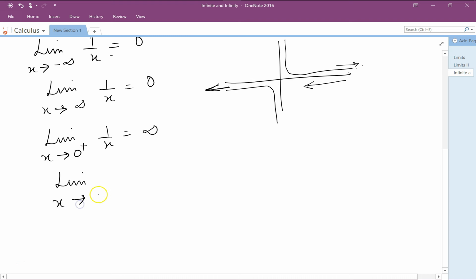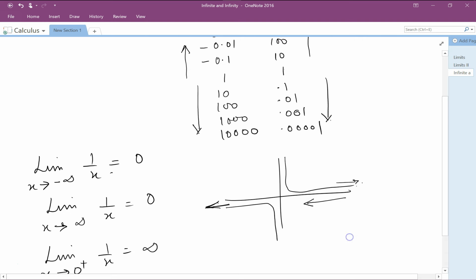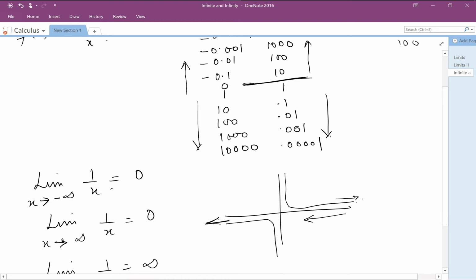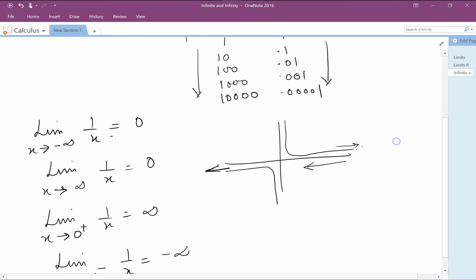Now if x approaches 0 from the negative side, then what happens? f of x becomes smaller and smaller and smaller. So it goes towards minus infinity, which is exactly what you can see with the numbers also. At 0 itself, there is nothing defined. We can just say that it gets closer and closer to 0.